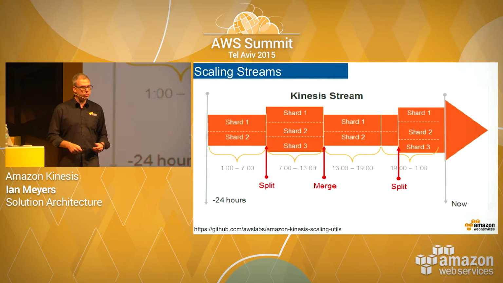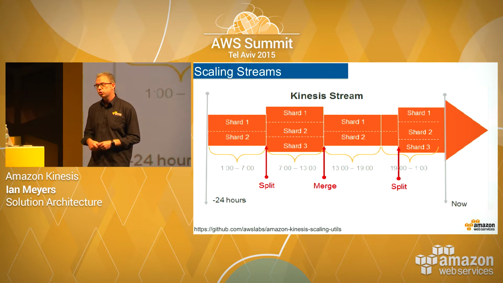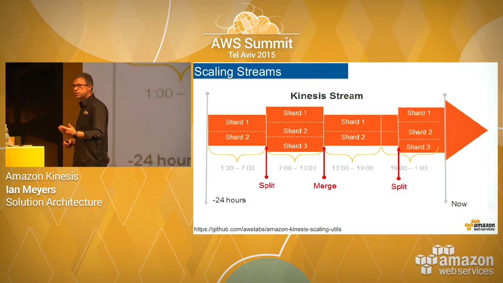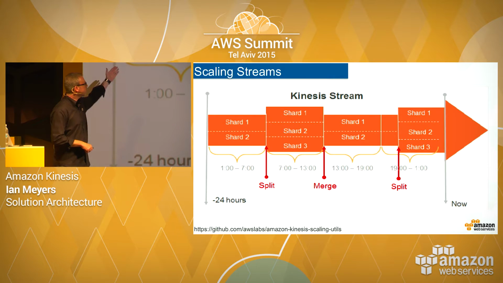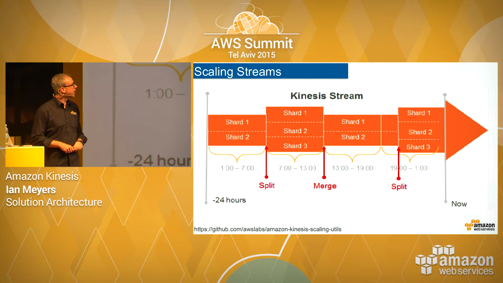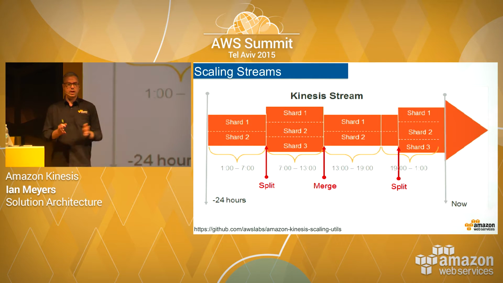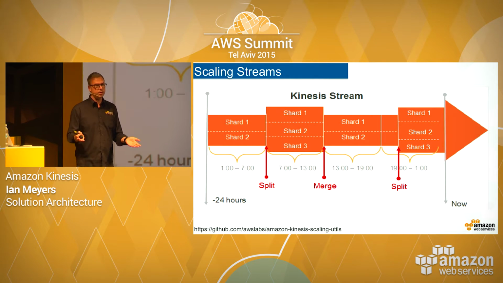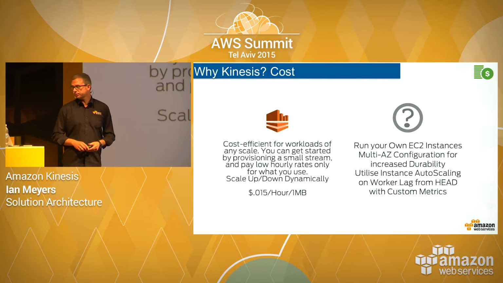The way that Kinesis works is that you split and merge shards together. And a shard is always available until it hits the 24-hour retention period. So in this case, if we took shards 1 and 2, and we wanted to create additional capacity, we would split shard 2 in half, and that would give us double the capacity, or 1,000 writes per second on each. And then when we want to go back to 2 shards, we would merge shards 2 and 3 back together. And that's something that can be done automatically.